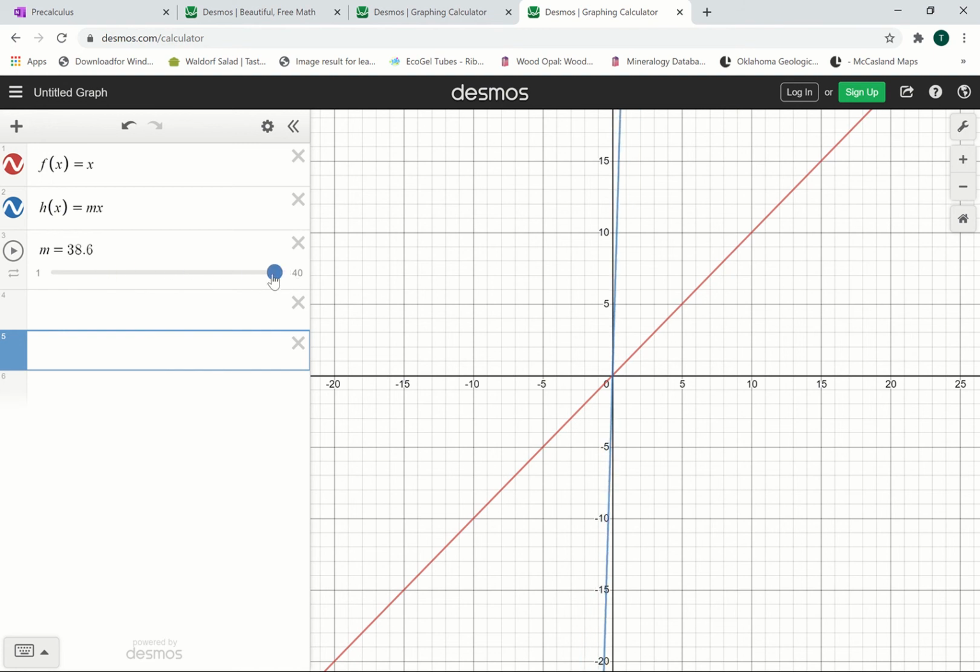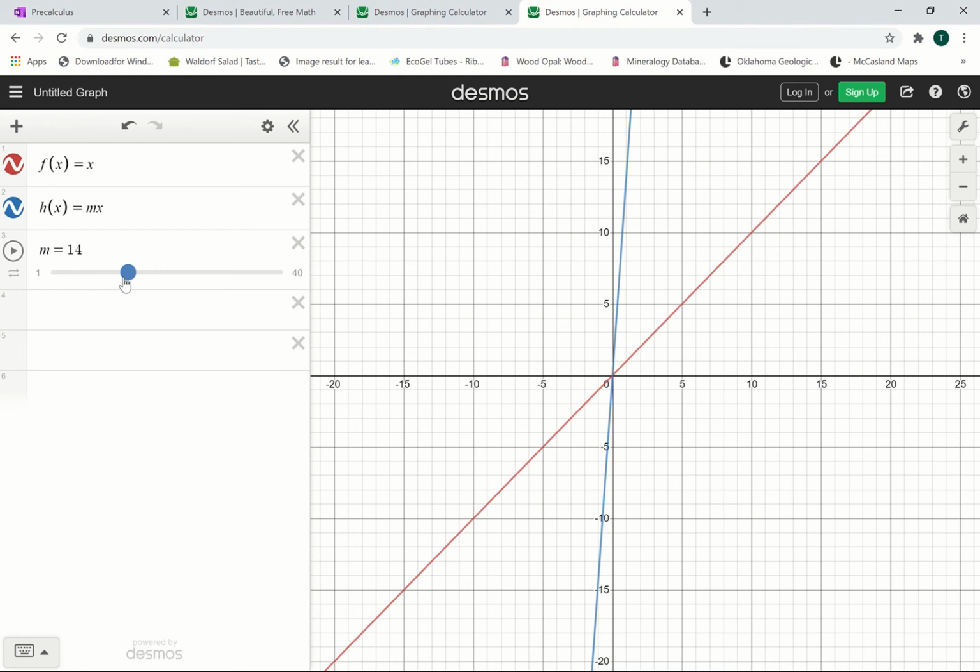The y-axis is the function x equals 0. So notice as we get larger, it gets really steep. And that's the point here.